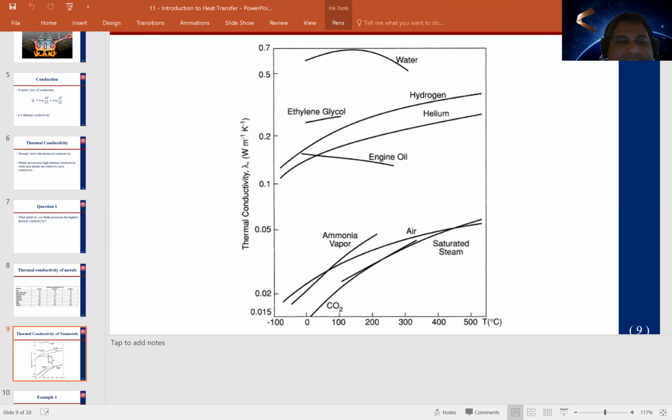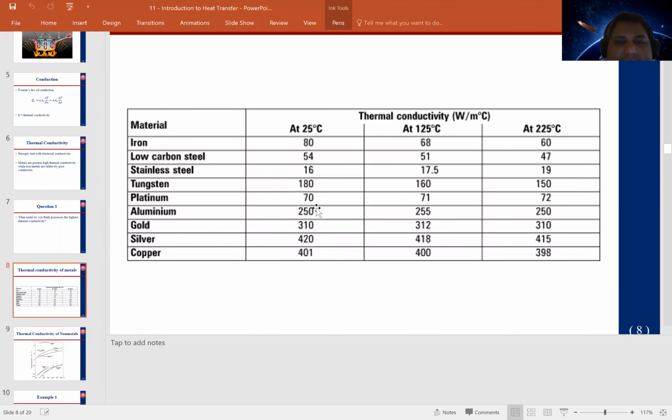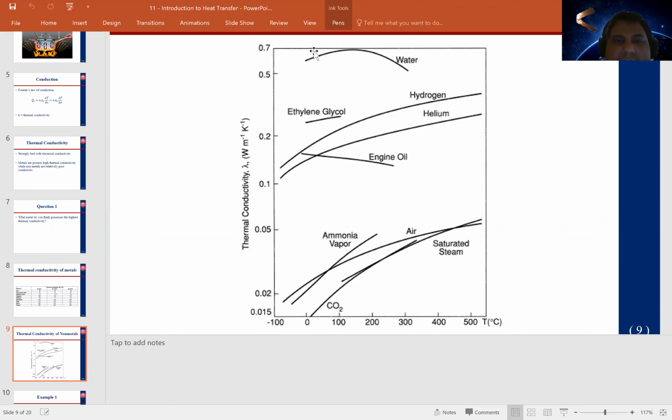And so, as we compare here, we have 100 to 16 watts per meter Kelvin, as compared to these materials, which are below essentially 1 watt per meter Kelvin as it relates to thermal conductivity.